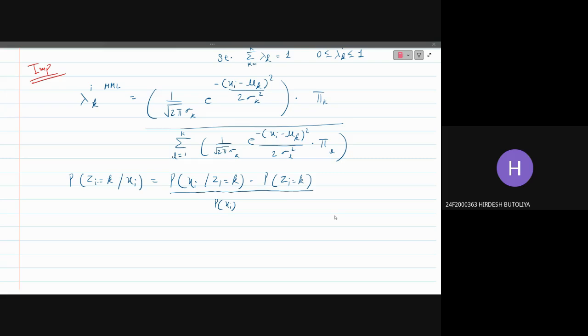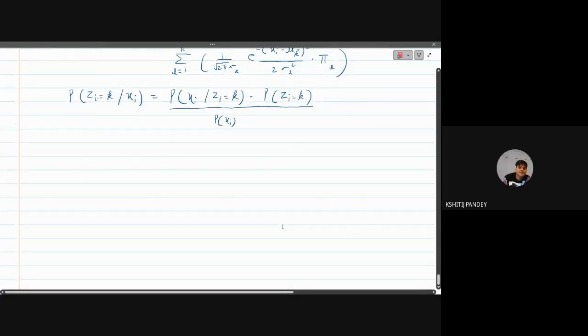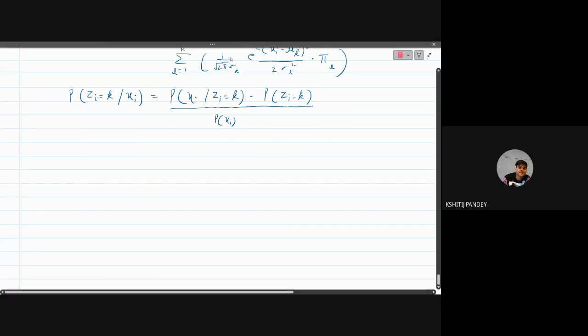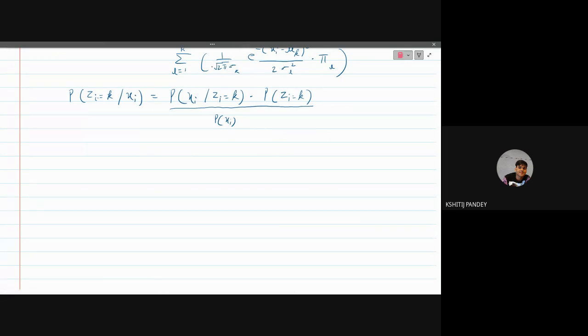Okay. Now we'll look at the algorithm for solving this. The EM algorithm, expectation maximization algorithm.